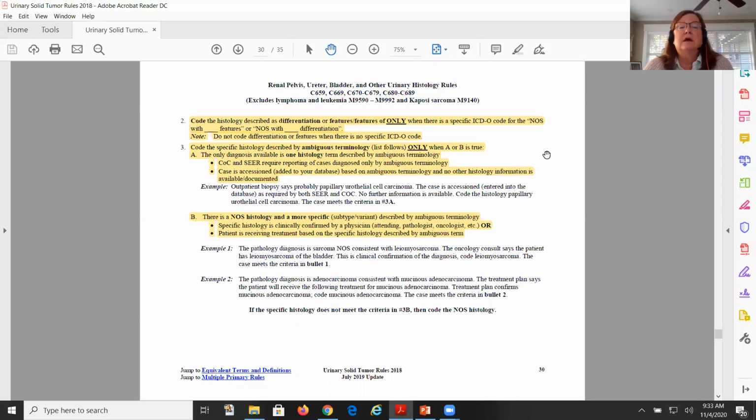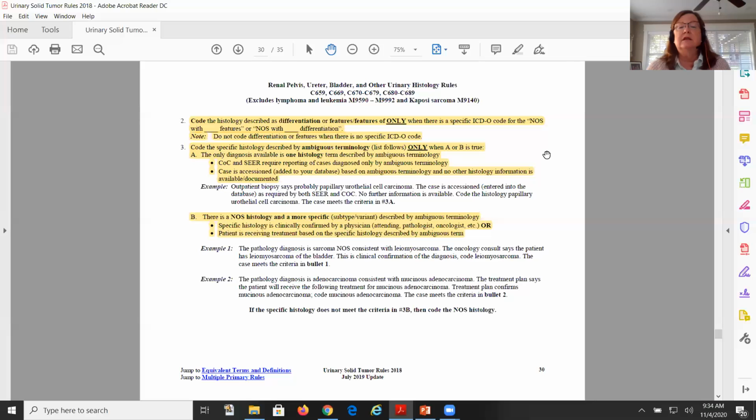Code the histology described as differentiation or features of only when there is a specific ICD-10 code for the NOS with features or NOS with differentiation. Do not code differentiation or features when there is no specific ICD-10 code. Code the specific histology described by ambiguous terms only when A or B is true.